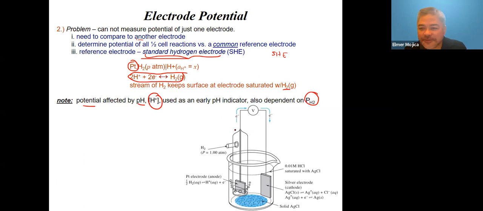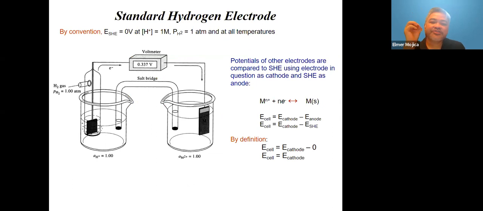And what they do, you're going to match your SHE with any other electrode. Okay? O yung tinatawag natin electrode of different metal in its respective electrolyte. So by convention, they assign the value of the standard hydrogen electrode as 0.